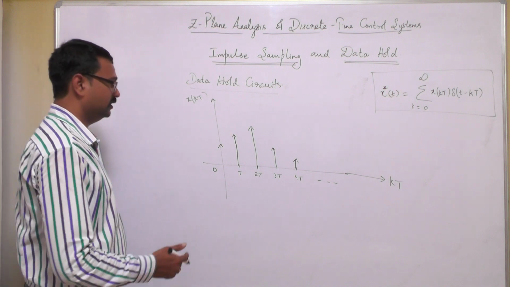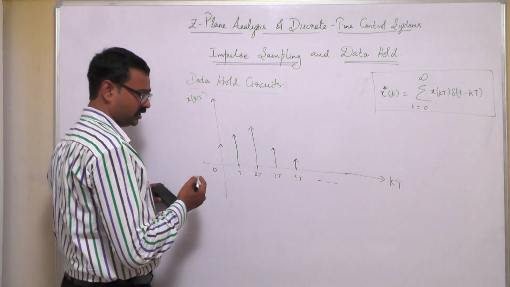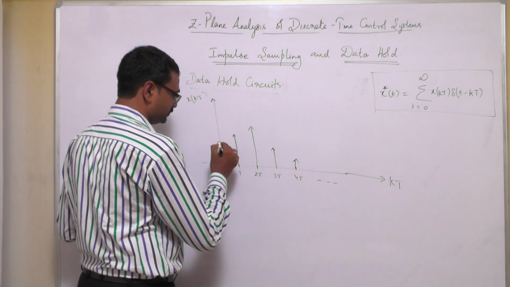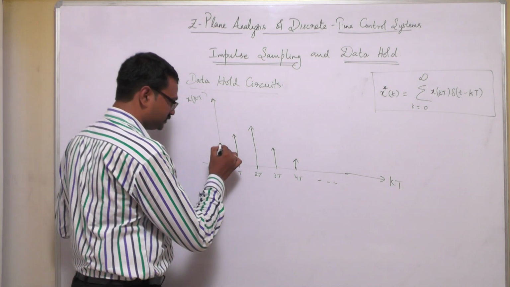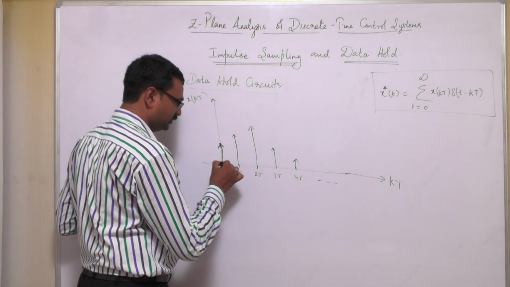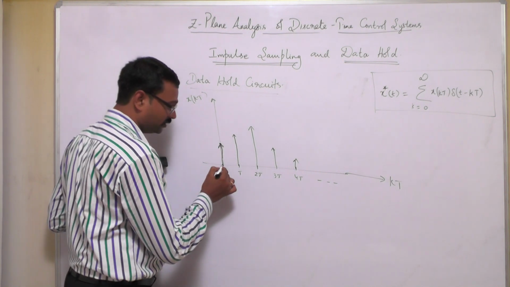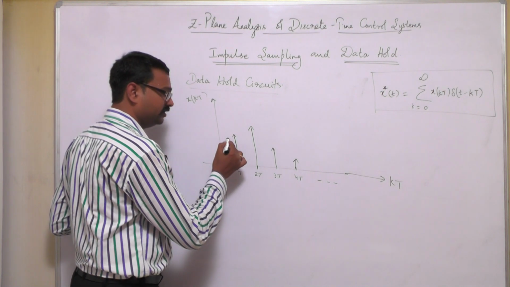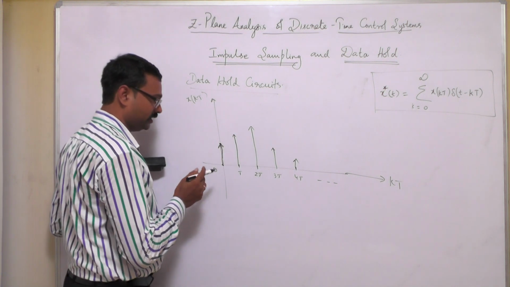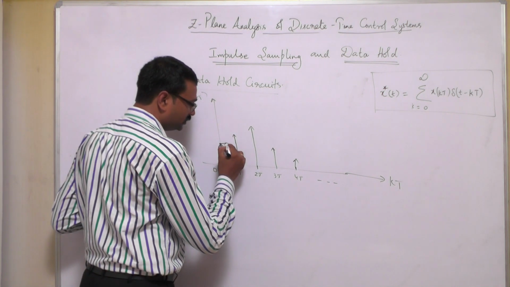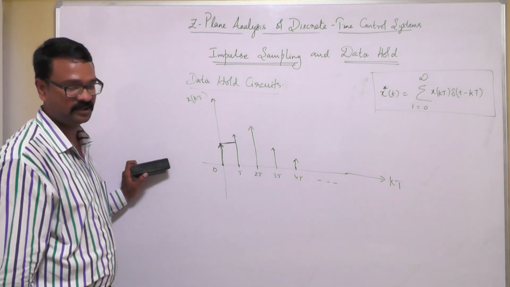Now there are many forms of data hold circuits. One form which we can directly understand is, if I can try to hold this amount of signal up to the next instant. This is the first instant which I am working on, and until the next instant I don't have any information. Therefore what I try to do is use a form of a capacitor so that I can hold this data until the next instant. Already we have discussed the sampler and hold circuit.